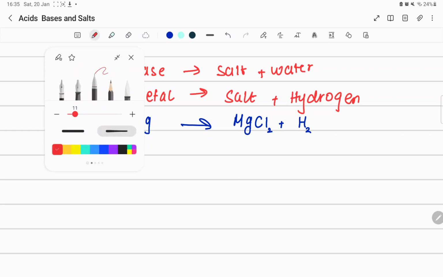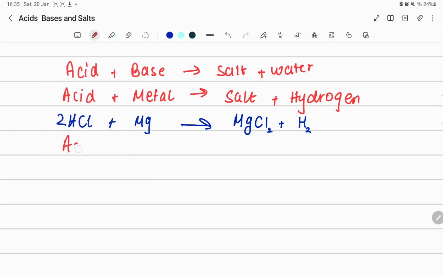The second one is acid plus metal carbonate. Guys, you will notice that all the reactants that is not an acid is going to include a metal, because the presence of a metal ion is what makes your reactant basic.